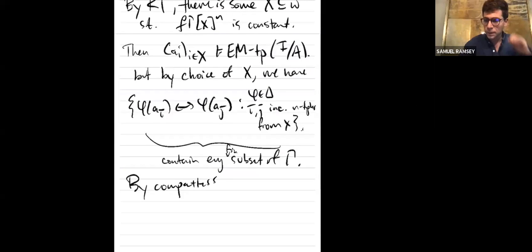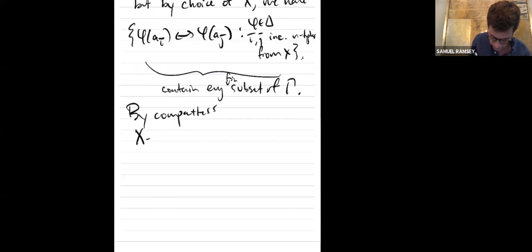So the point is that X can be enumerated in order type omega. So here when I say increasing n-tuples from X, what I could really do is think about X as listing its elements as a_{i_k}, as k ranges over the natural numbers, where i_k is less than i_{k+1}.